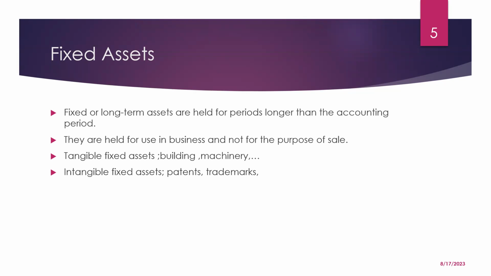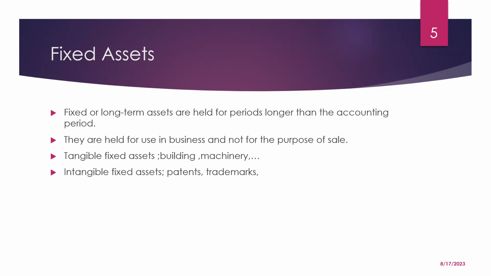What I'm trying to explain is that if an asset has a larger economic life, more than 1 year, is held for more than one accounting period, and cannot be used for the purpose of sales, then only does it become a fixed asset, right?